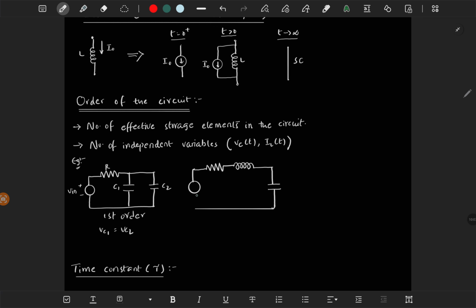Definitely this is a second order circuit, because this is I of t and this is V of t. If you write KVL, you will get a second order differential equation. So this circuit is second order.